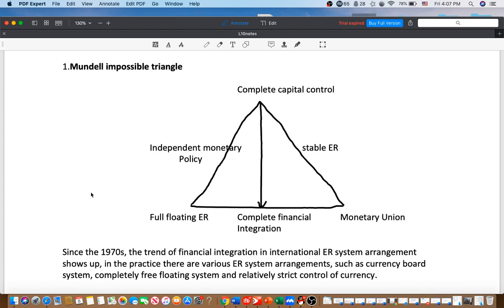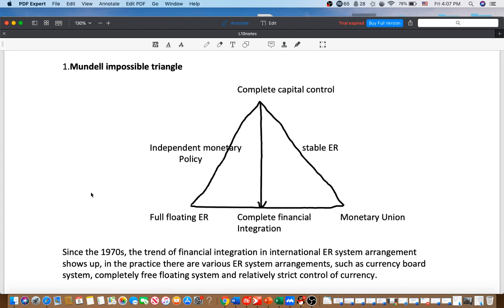Where are the targets the policies want to achieve? That is the full capital control, monetary union, and the full floating exchange rates. However, the three sides can't be achieved at the same time. Since the 1970s, there has been a trend of financial integration in the international exchange rate system arrangements.